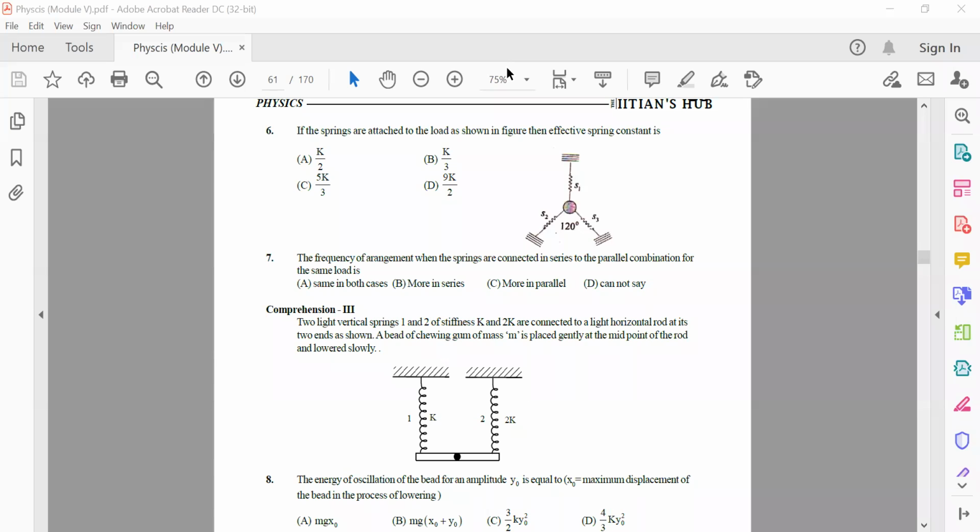Okay, so I'm switching to the module first. Samarth, this is question number 6. This is the one you have asked, right, Samarth? Yes, sir. Okay. So see, effective spring constant we have to calculate.